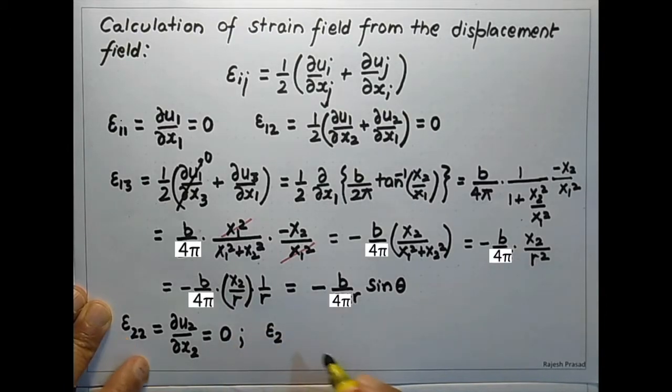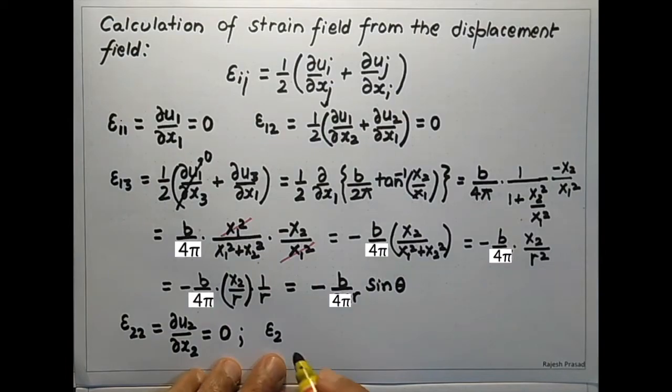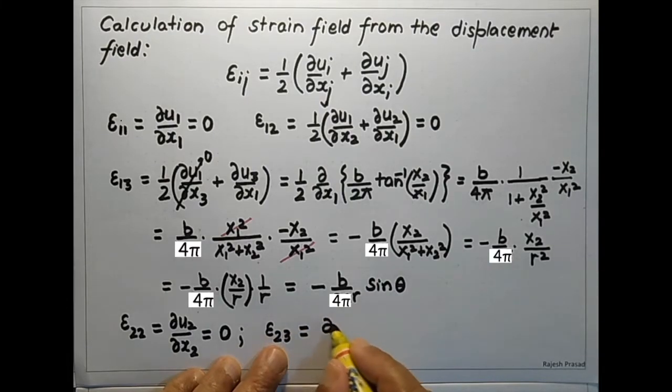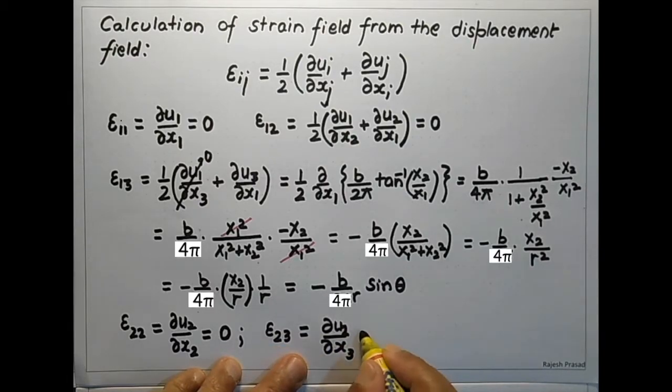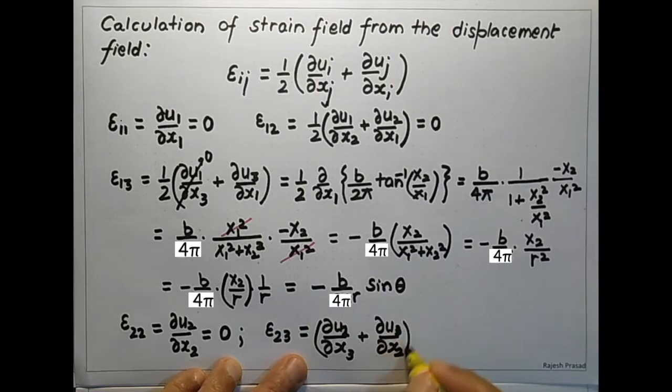Epsilon 2 3 is half of del u2 by del x3 plus del u3 by del x2. u2 is 0.